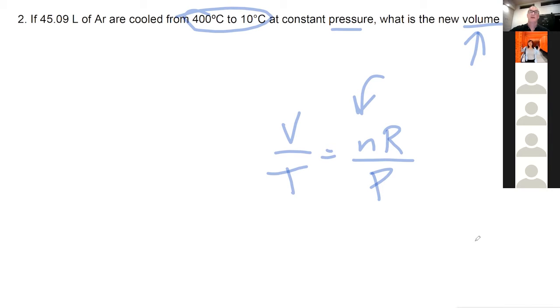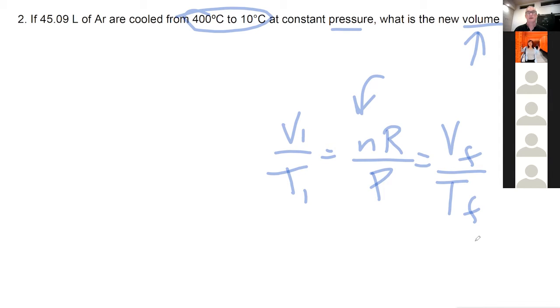So what that tells me is that volume divided by temperature is always going to be constant. That means my initial volume divided by the initial temperature is always going to equal the final volume divided by the final temperature. That is the relationship between volume and temperature.